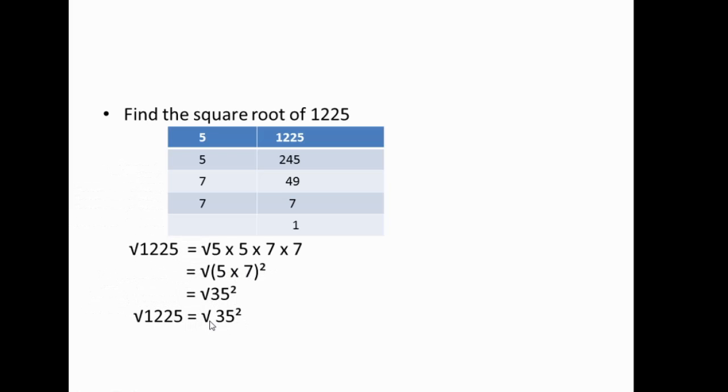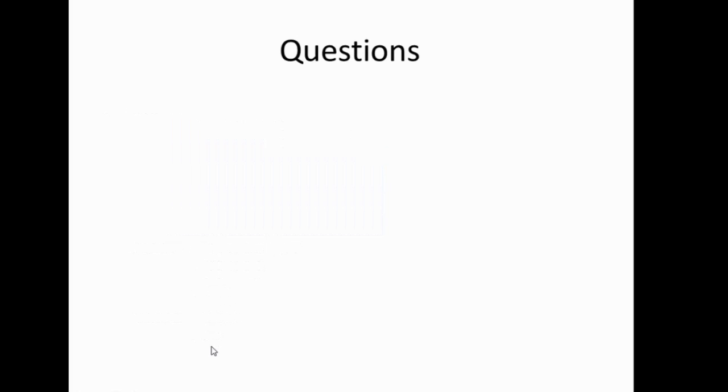This sign we normally call square root, or we also call it under root. Now we cancel out this symbol by this power, and the answer becomes 35.